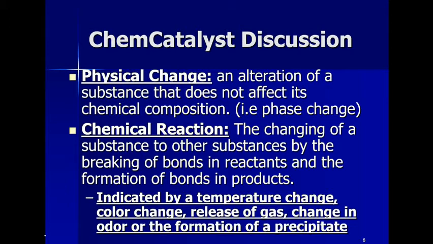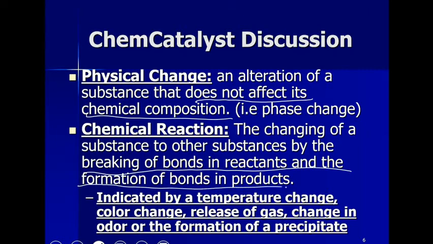I have broken bonds and I have made new bonds. So, physical change does not affect its chemical composition. Chemical reaction, the changing of a substance to other substances by breaking of bonds and the formation of new ones.